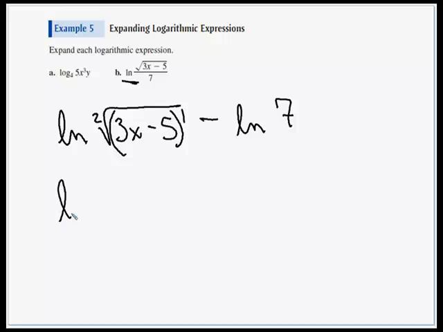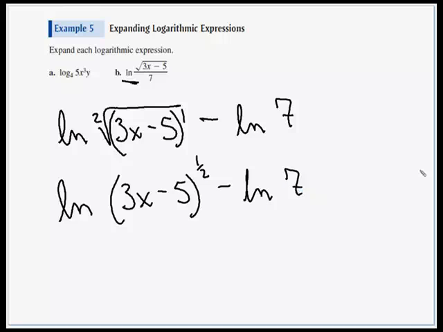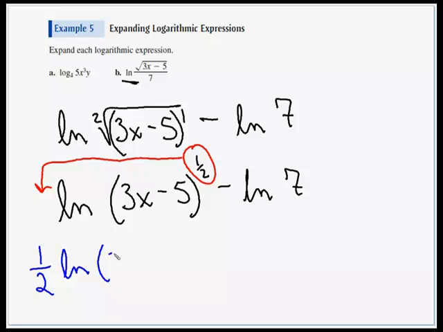So let's rewrite that as a rational exponent. The quantity 3x minus 5 to the half power minus the ln of 7. And now we can do our power again, bring that down front. So we have 1/2 the natural log of the quantity 3x minus 5 minus the natural log of 7.